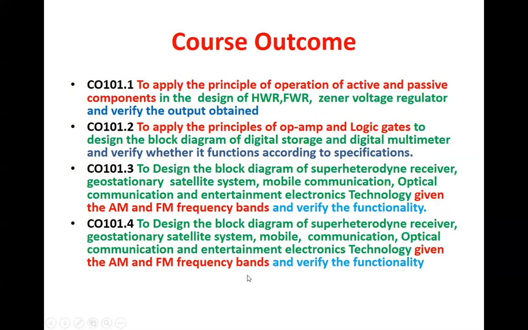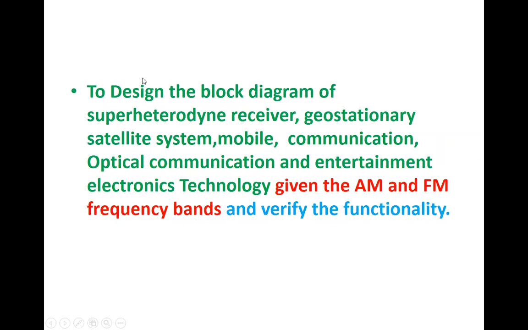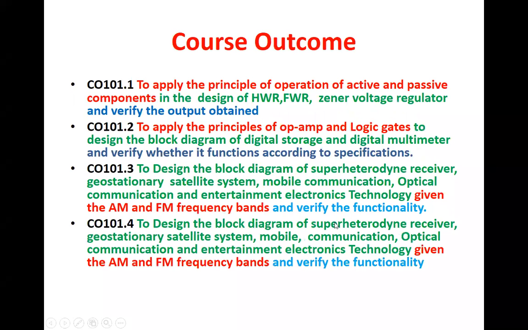So I've combined all these things to design the block diagram of superheterodyne receiver, geostationary satellite system, mobile communication, optical communication, and entertainment electronics technology, given the AM and FM frequency band, and verify the functionality. And there is one more thing.